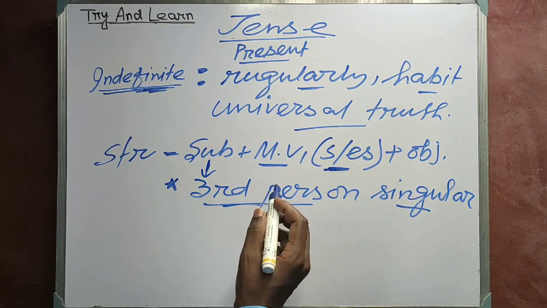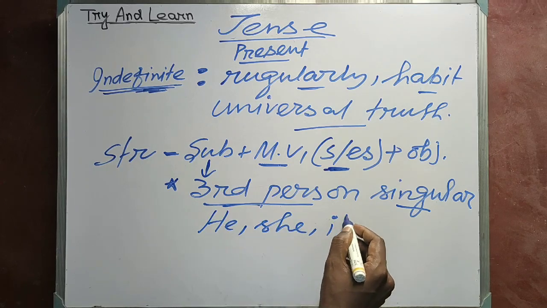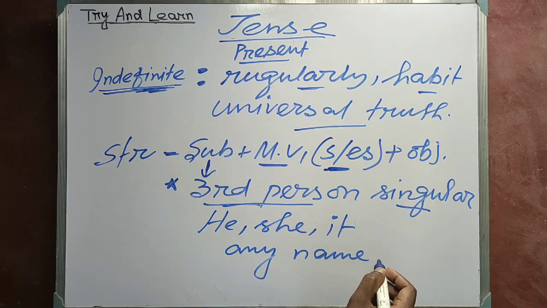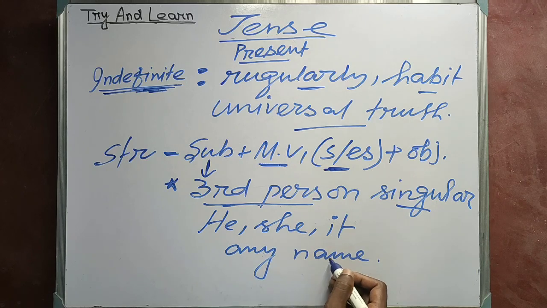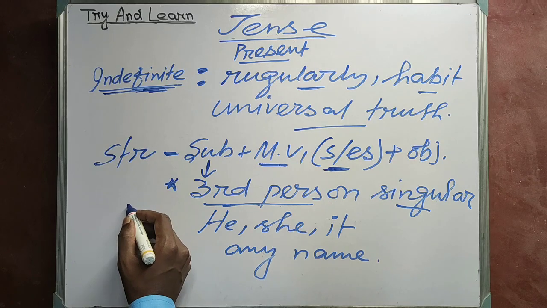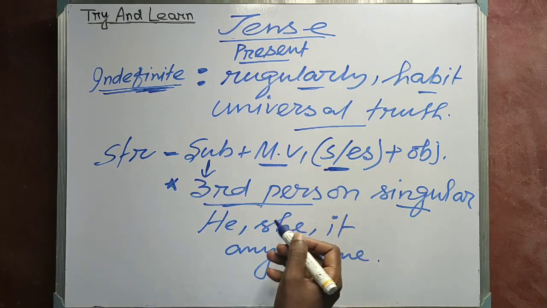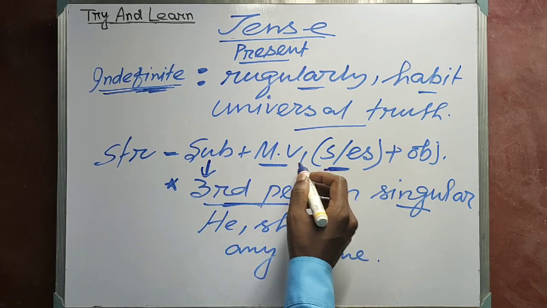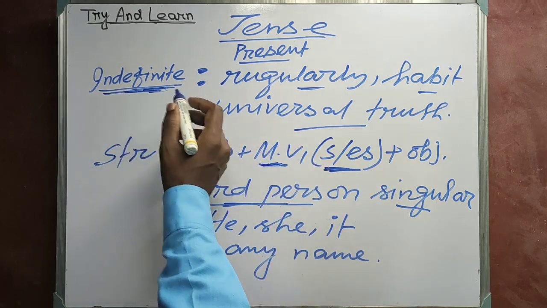What is third person singular number? He, she, it, or any name in singular. We can say except I, we, and you. If any singular subject is there, it is third person singular number. In that case, s or es is added with the main verb in present indefinite tense.